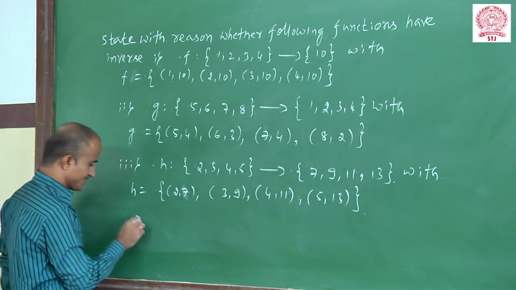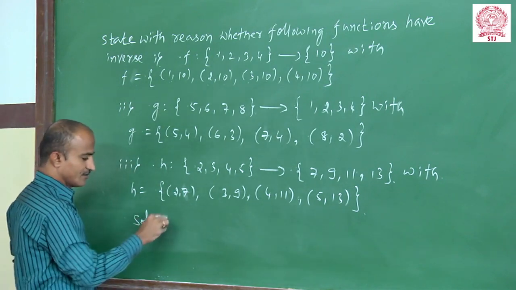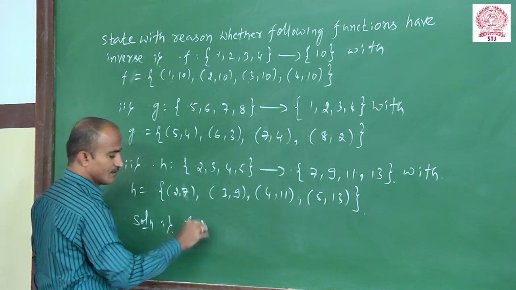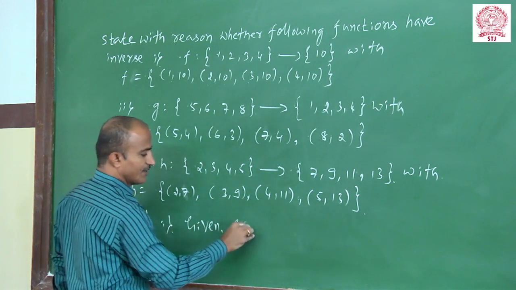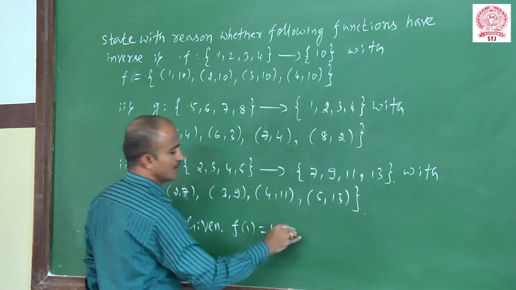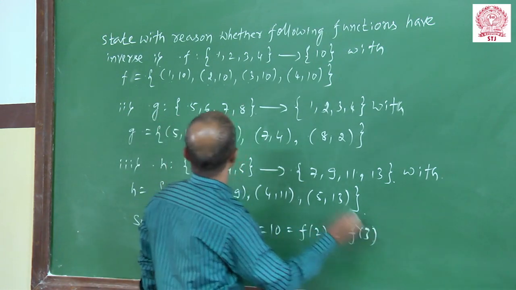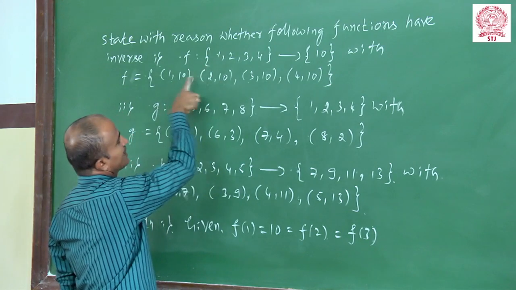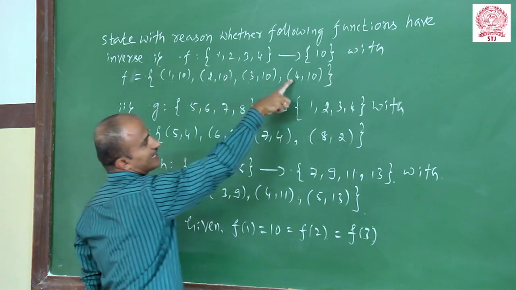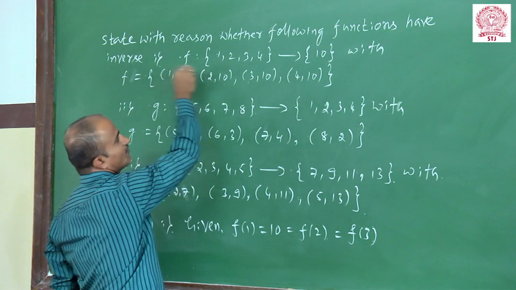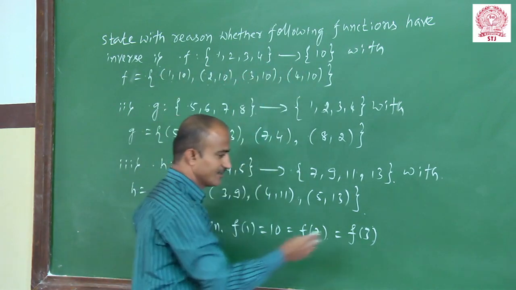In the first case, given f of 1 is 10, f of 2 is 10, f of 3 is 10, f of 4 is 10, meaning the image of 1, 2, 3, 4 is 10.